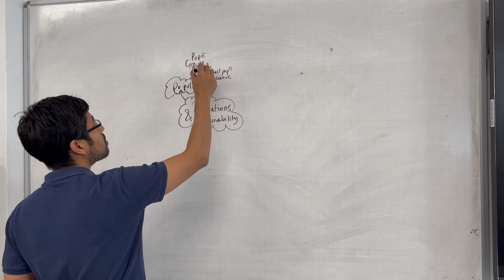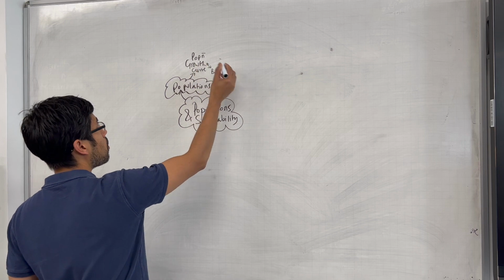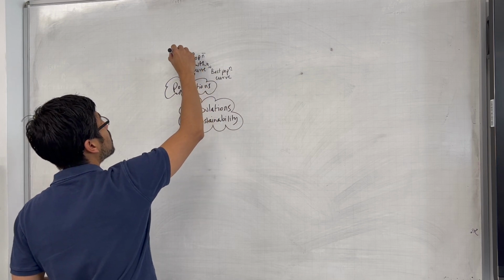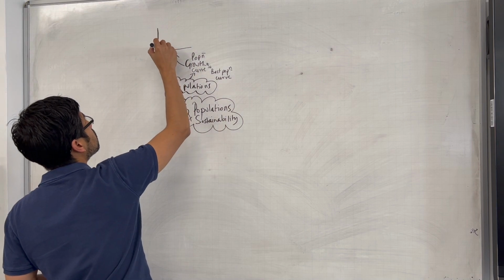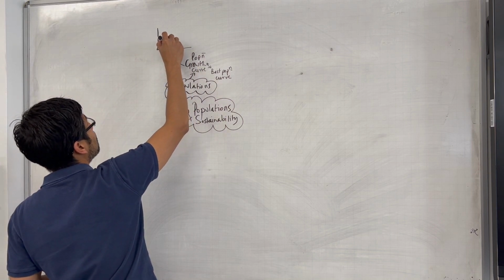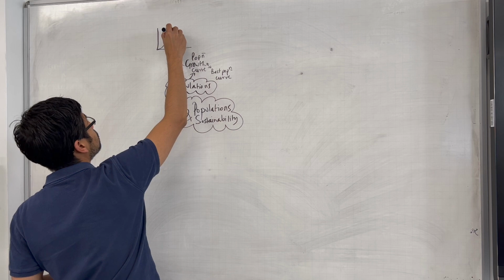Okay, so population growth curve, know what that looks like. I'll just do a basic version here, right? So we have a lag phase, we have an exponential phase.